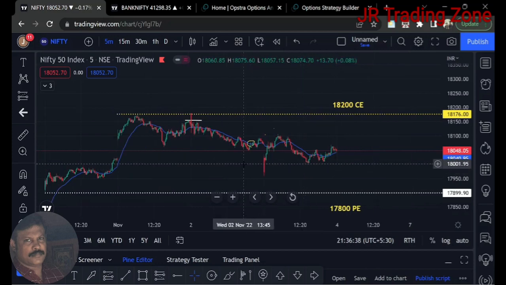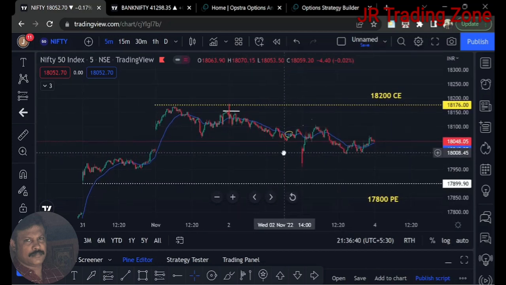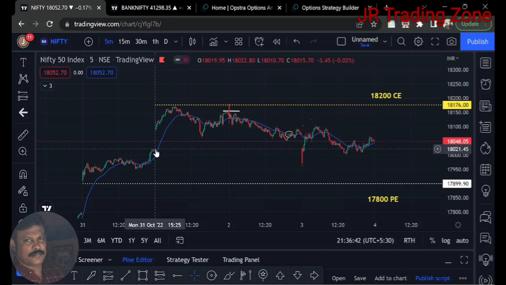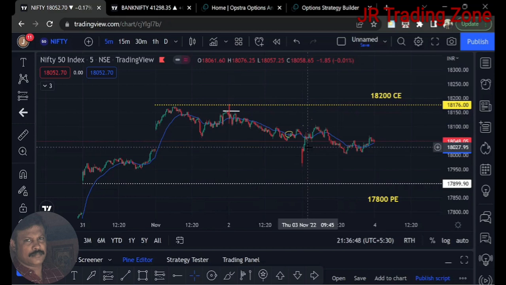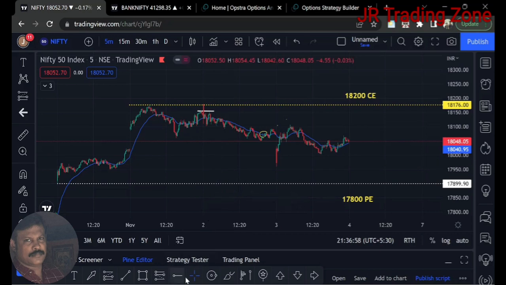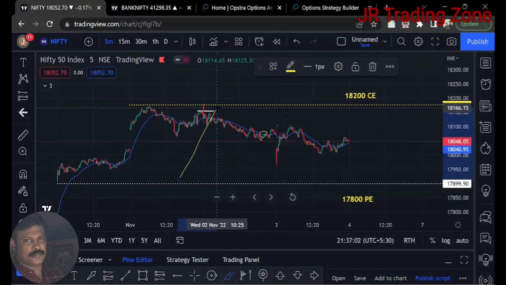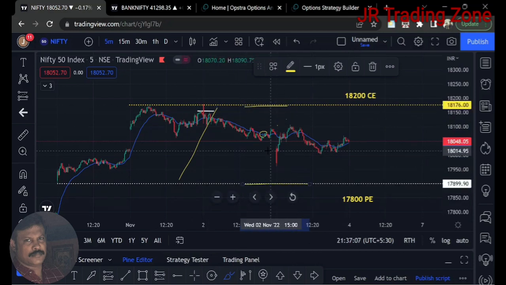If it is going in a sideways range, usually these non-directional option sellers go and sell a triangle. There are more than 15 strategies. I am just revealing a simple strategy called short triangle. Your assumption as a non-directional option seller is that the market will not go beyond this range on the upside, and on the downside it will not go beyond this range.